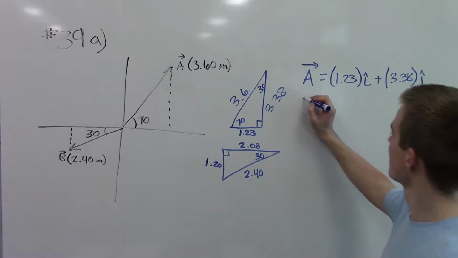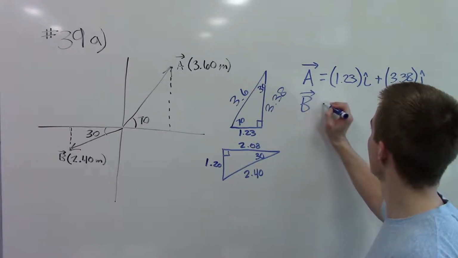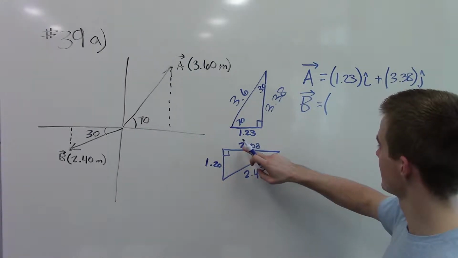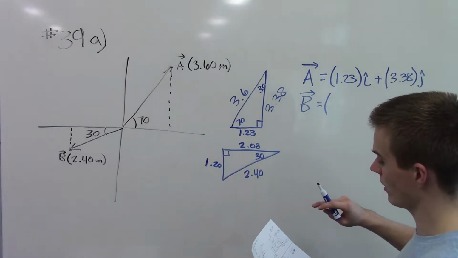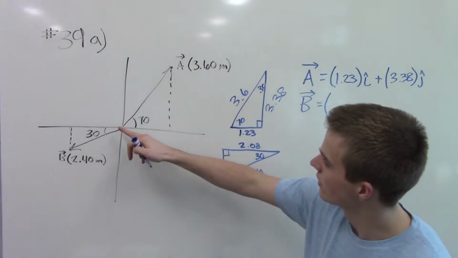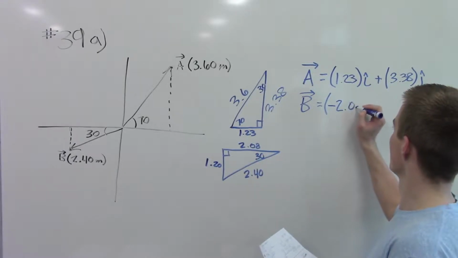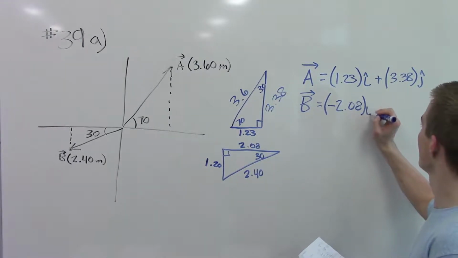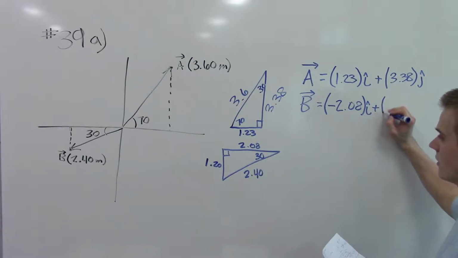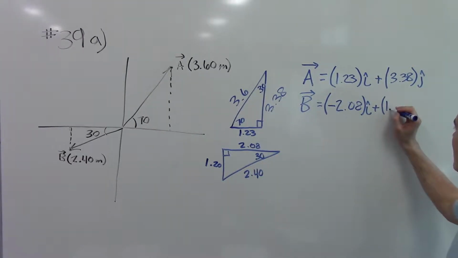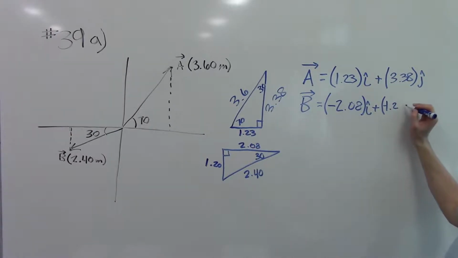And we can do the same thing for B. But this is going to be a negative 2.08 because it's going in this direction, which is negative. So it would be a negative 2.08 i hat plus a negative 1.20 j hat. And that's your solution.